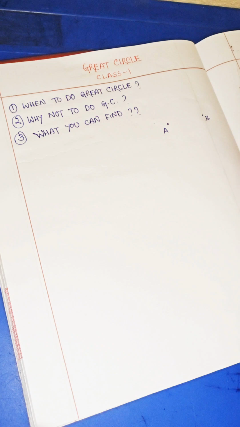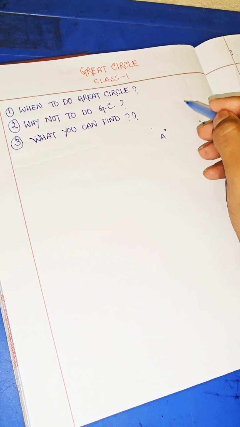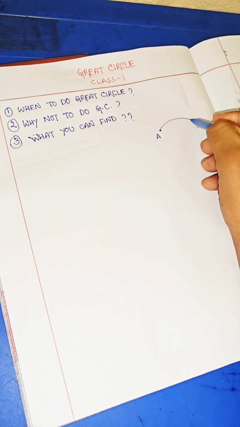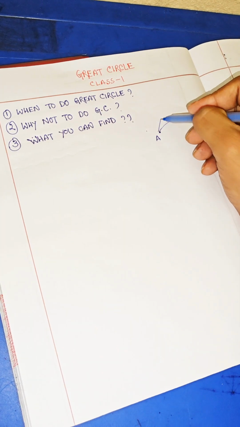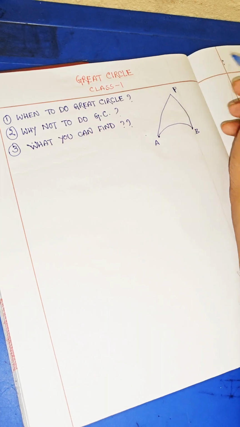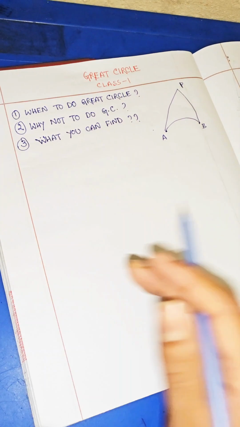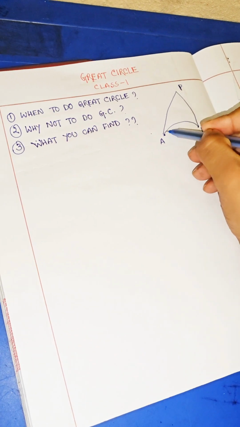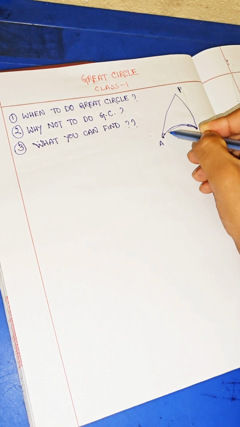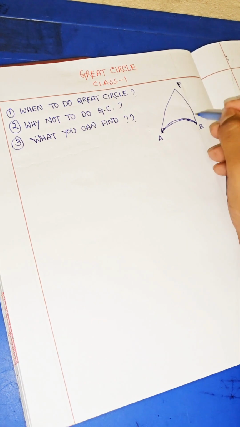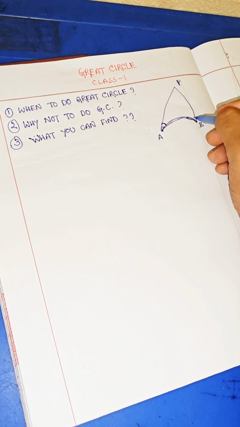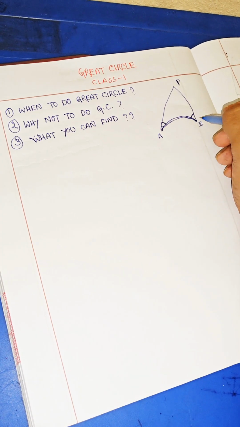I am showing in the northern hemisphere, so your track will be like this, and here is your pole, this is your north pole. This AB is your great circle distance, and this A angle is your initial course, and this B angle will be your final course.